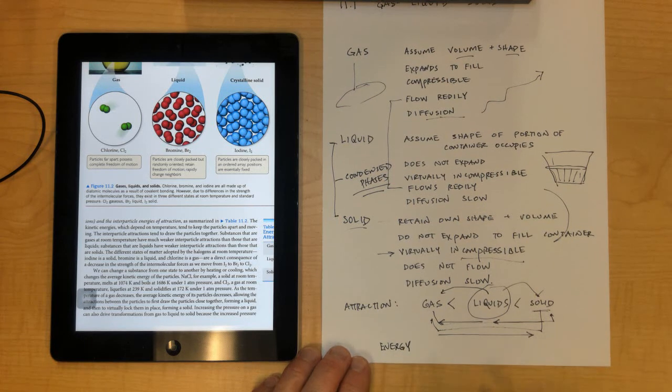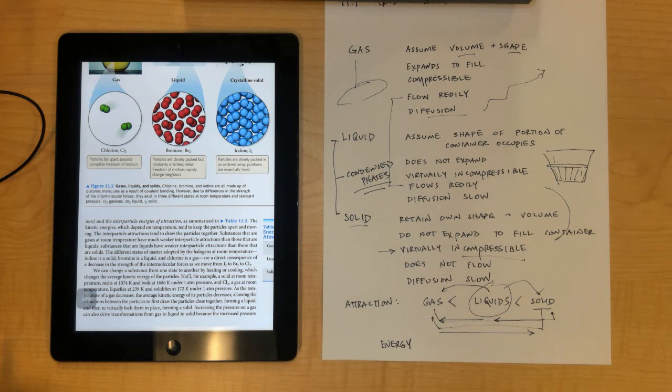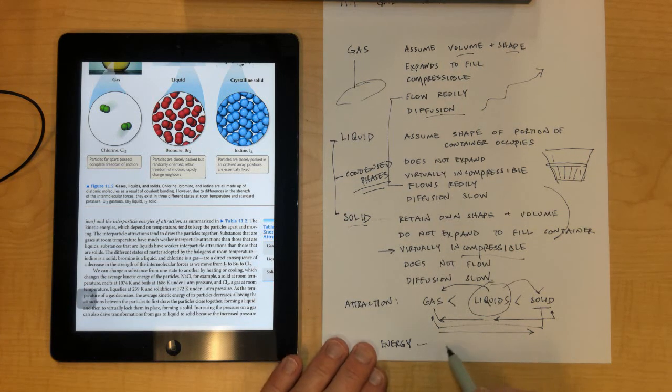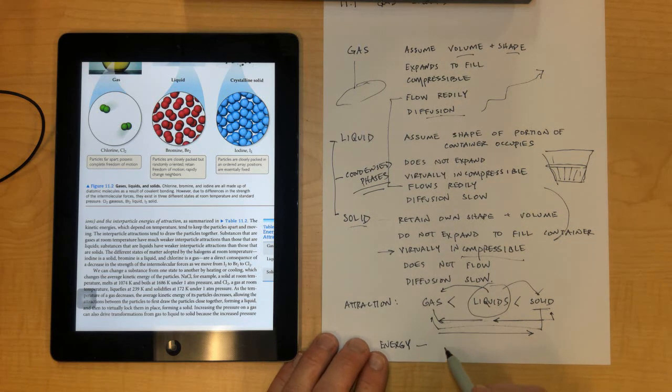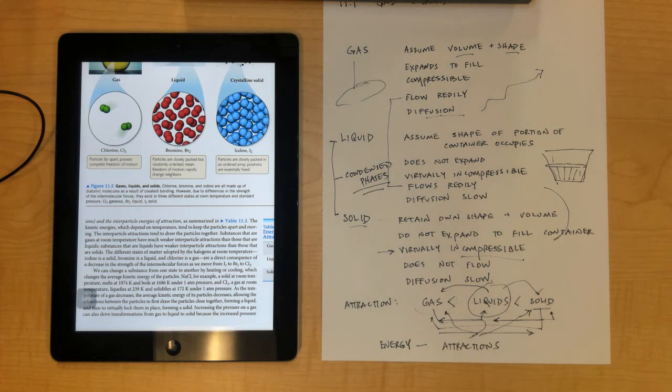And when we add energy to something, or we take energy away from something, then we cause those particles to move faster or slower. And this movement of particles causes the attractions between these particles to either become more or less. And of course, the gases have the least amount of attractions and therefore would have the most energy.